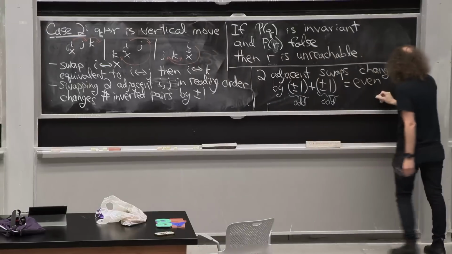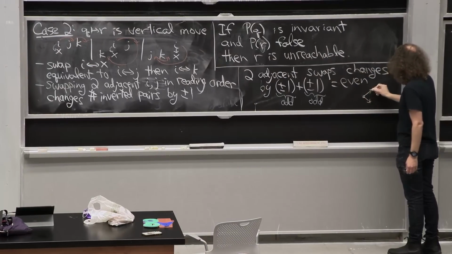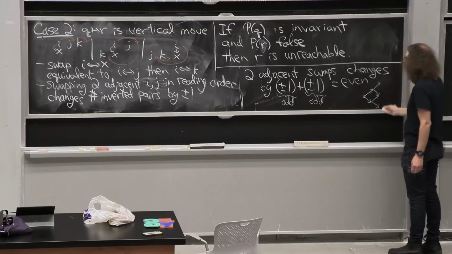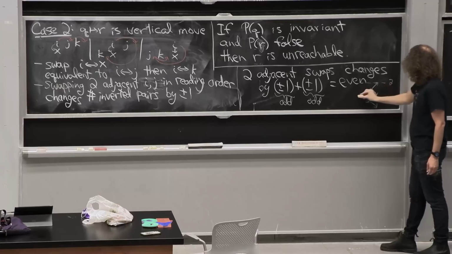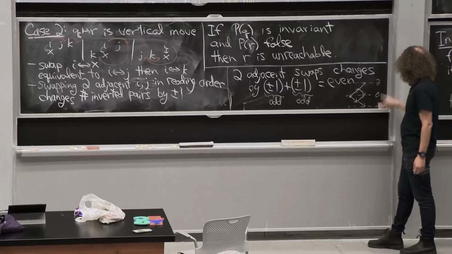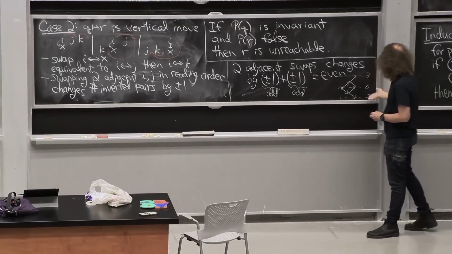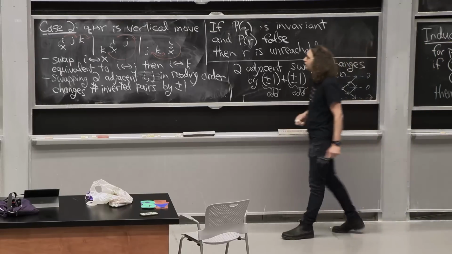If we start at 0 here, and we do plus or minus 1, and then from here we do plus or minus 1, and from here we do plus or minus 1. This is a case analysis of all the things you could do. You either get 2 or 0 or minus 2. These three numbers are all even. Okay, but I don't particularly care. It happens to be just these three values. What I care is that this number is even.